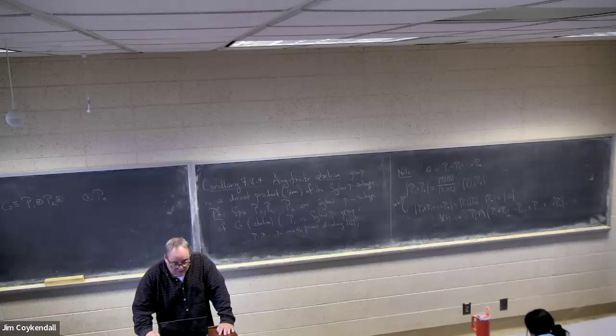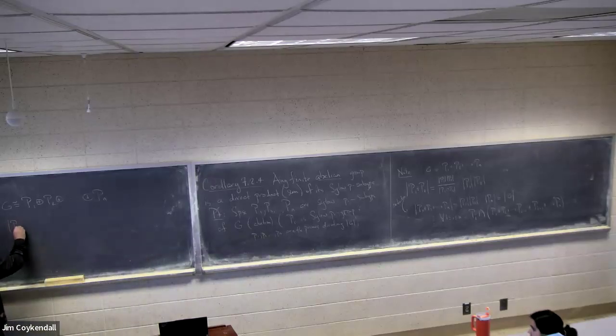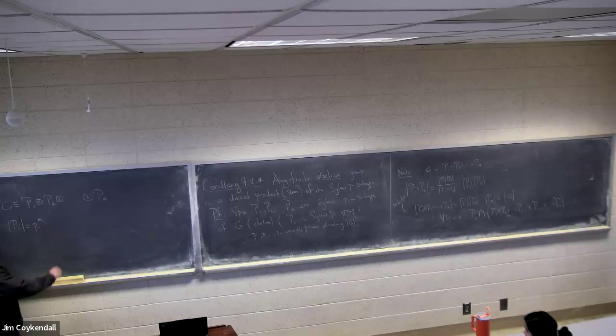Okay. Any questions? Yes. So what about the order of G? I can tell you what the order of G is. That's my notation. This is a Sylow Pi subgroup, and it's got some power here, Mi is at least 1.